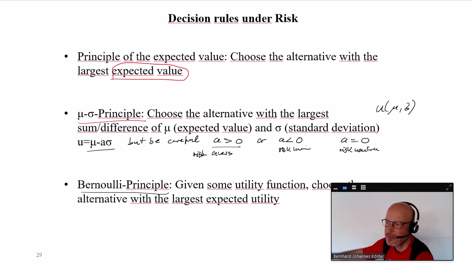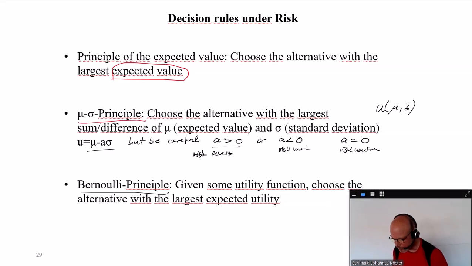There were, I think, 3 or 4 brothers in Switzerland in the 18th century, all very famous mathematicians. We use again a utility function, and then we use, as compared to the Krelle rule, just the largest expected utility.